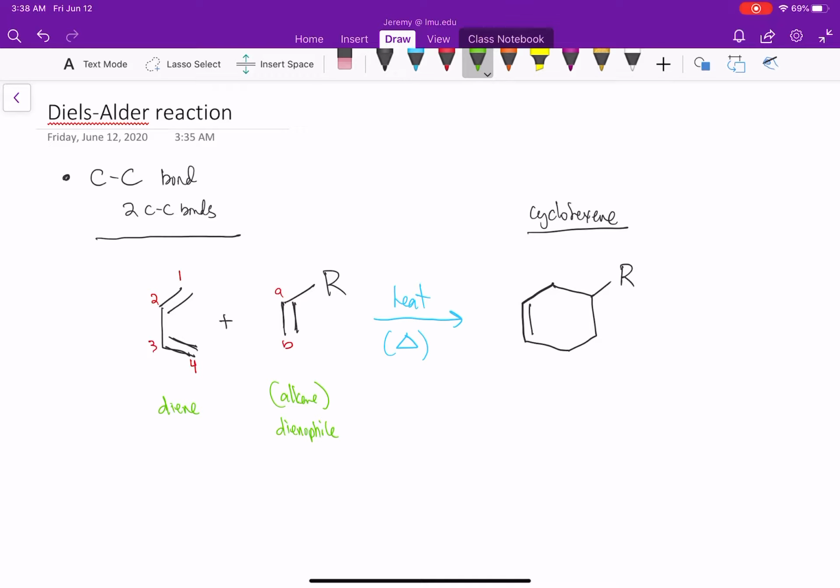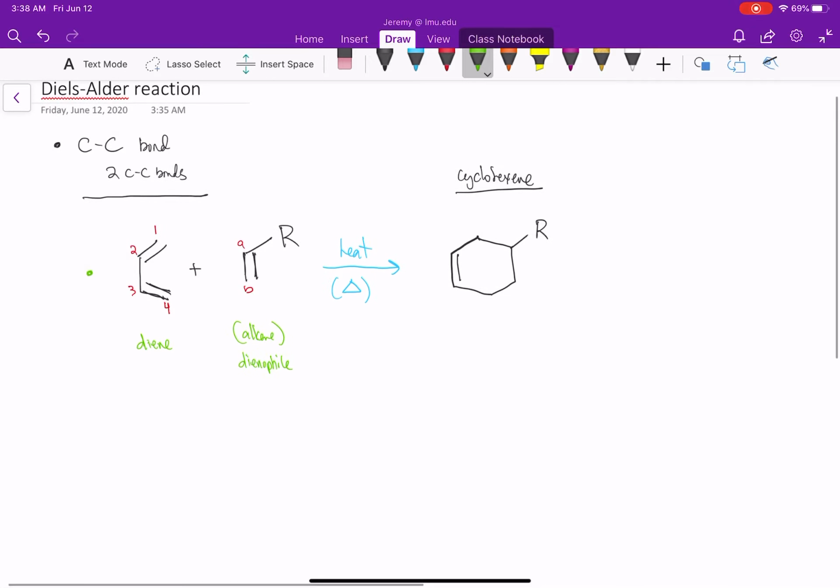This example I'm talking about here is just the basic reaction. It turns out when you run this reaction, generally speaking, it won't work with every diene and every alkene or dienophile. Your diene generally needs to be electron rich, and your dienophile is generally electron poor.